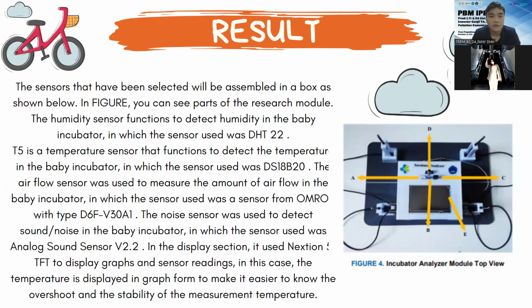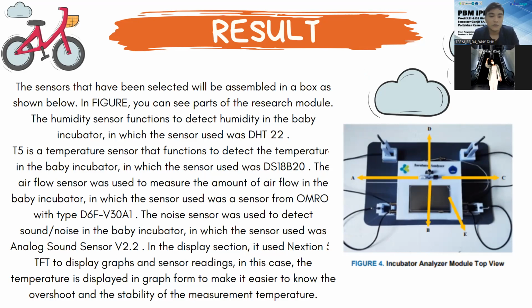The humidity sensor functions to detect humidity in the baby incubator, and the sensor used was the DHT22. The temperature sensor detects the temperature in the baby incubator, and the sensor used was the DS18B20.